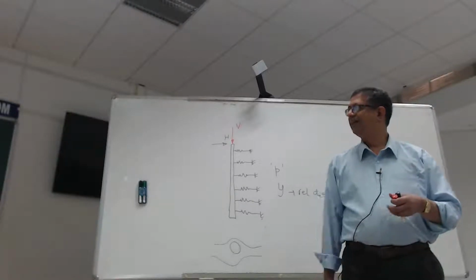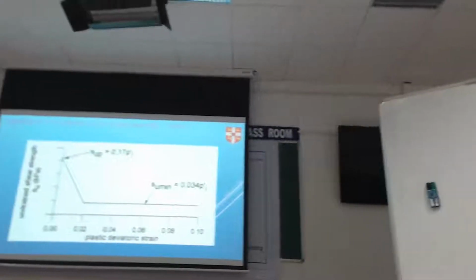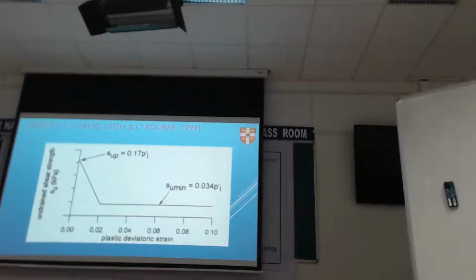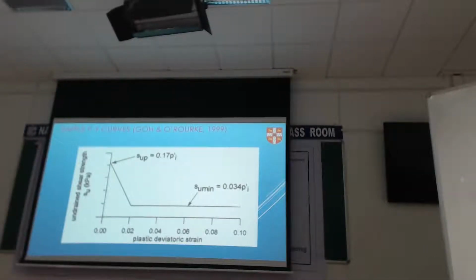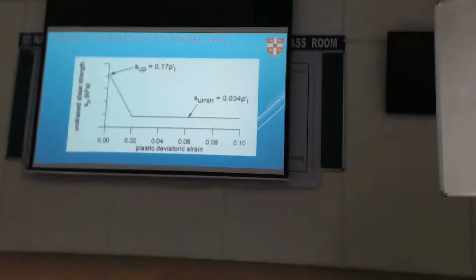In order to make it fit, obviously they have used this kind of simple, if you like, constitutive behavior, which is they're plotting plastic deviatoric strain on the x-axis. This is basically how much irrecoverable strain is happening.